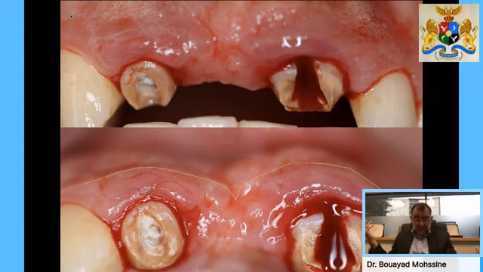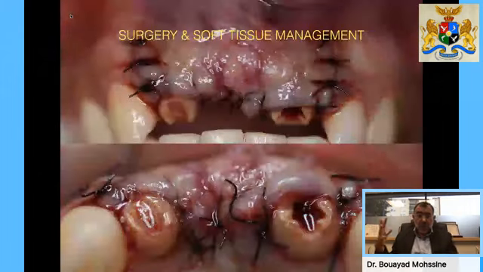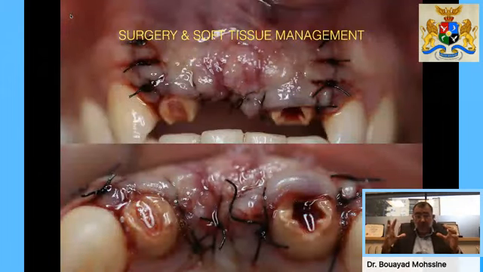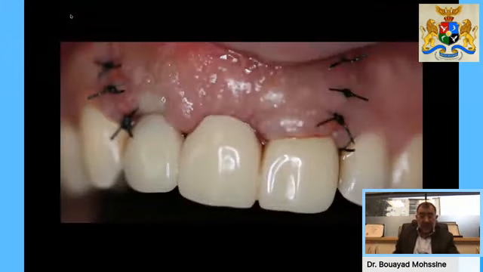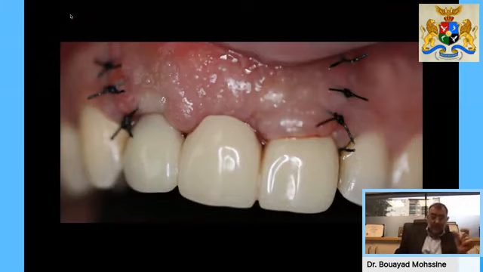You can appreciate here the defect. We do a surgery with a bone grafting, with placement of the implant and soft tissue management. In this step, we give a connective tissue graft in this area, and we create a good volume of vestibular soft tissue.